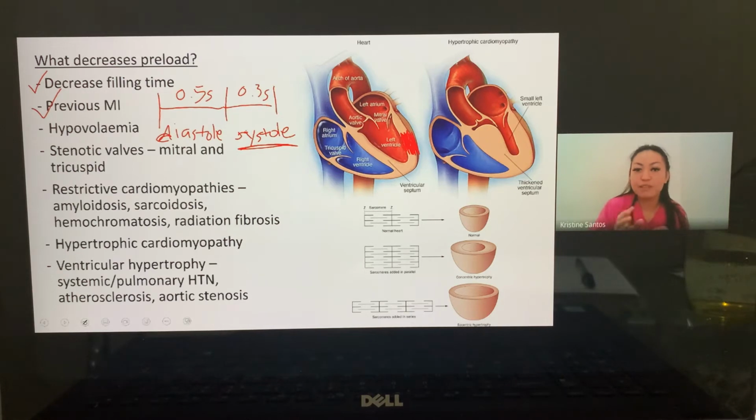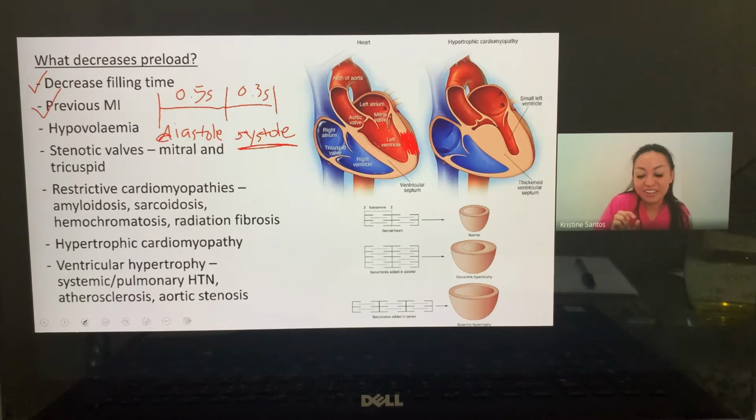So when we have a ventricle with infarcted tissue, tissue that's dead, that's scarred, it's not going to be able to stretch out as much. When it comes to the filling of the ventricles, it's just going to be stiff. It's not going to want to stretch out.